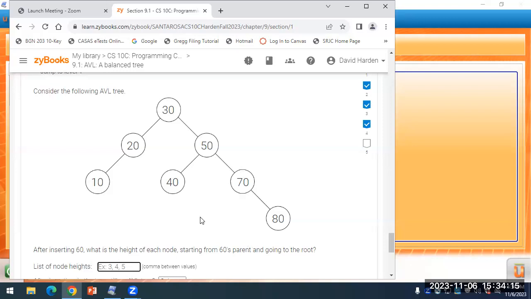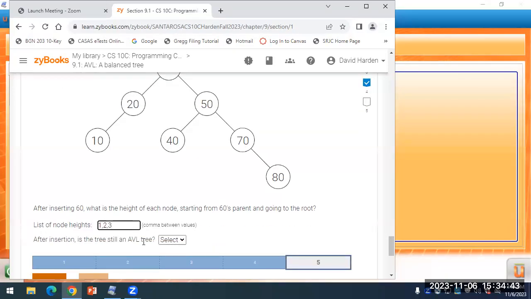So we added 60 down here. So what will the height of the 70 be? So 70 will have a height of 1, which it already has, right? 50 will have a height of 2. 30 will have a height of 3.